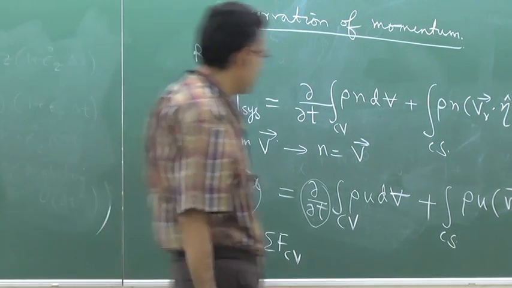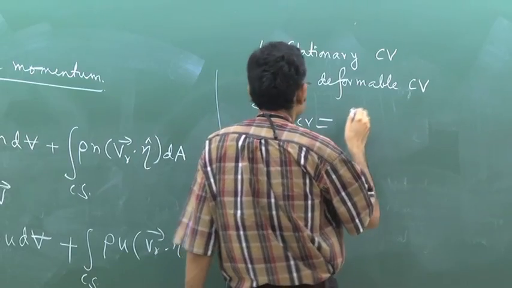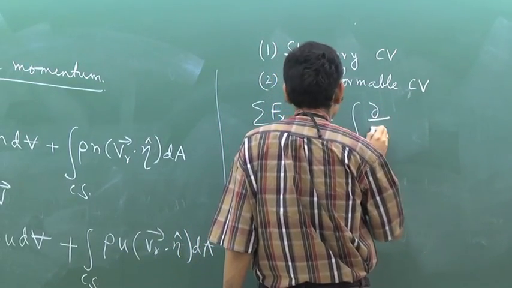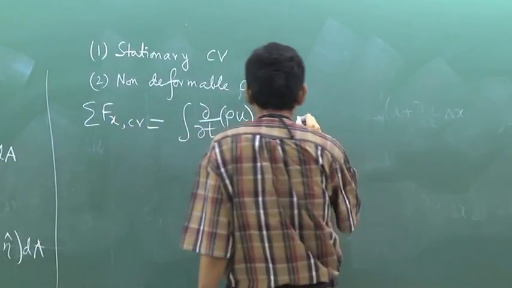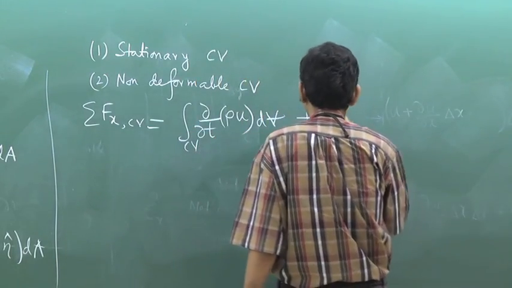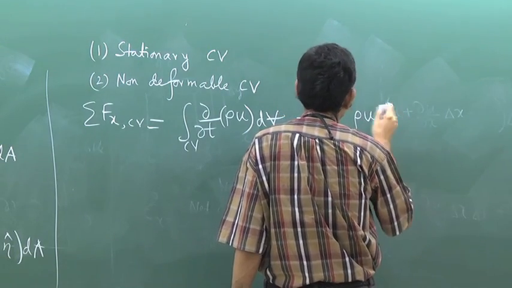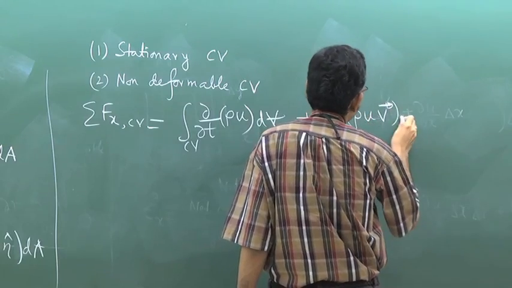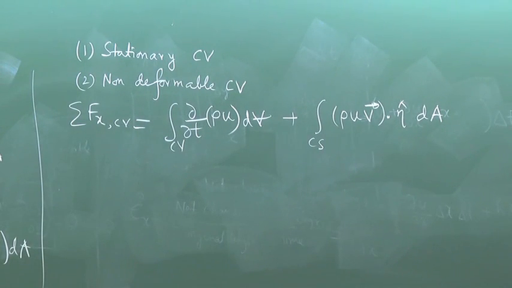So, we can write that the resultant force along x on the control volume is equal to the following.